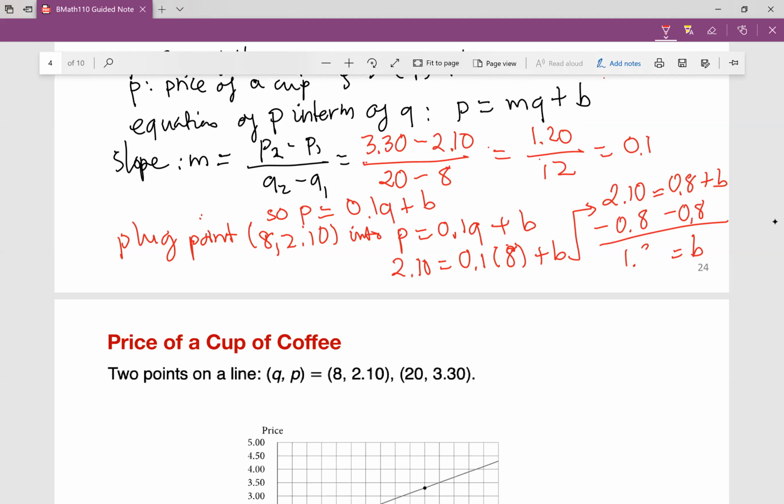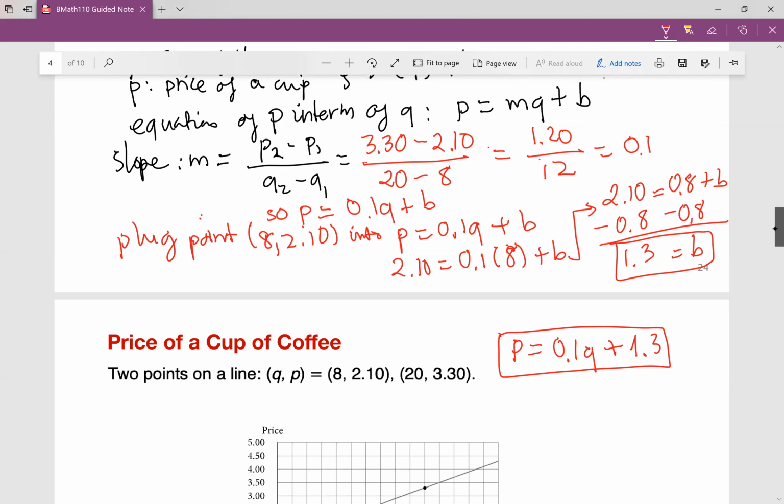So I have B equals 1.3. And now I can have the equation as P equal to 0.1 Q plus 1.3. Okay, that's going to be the equation of P in terms of Q.